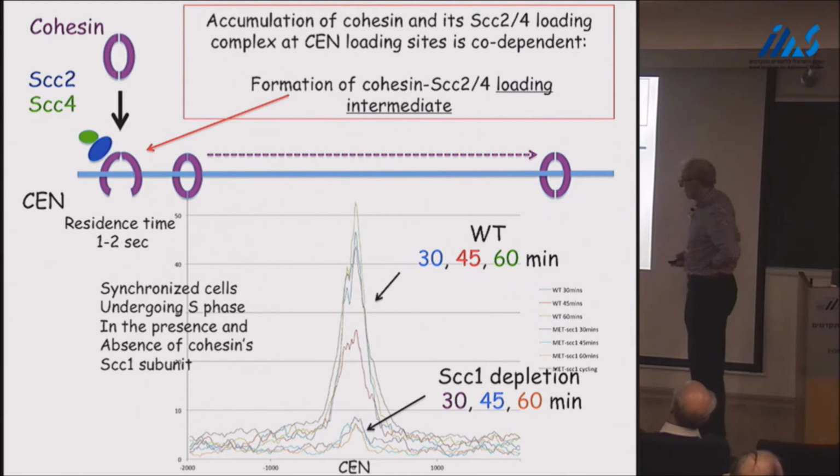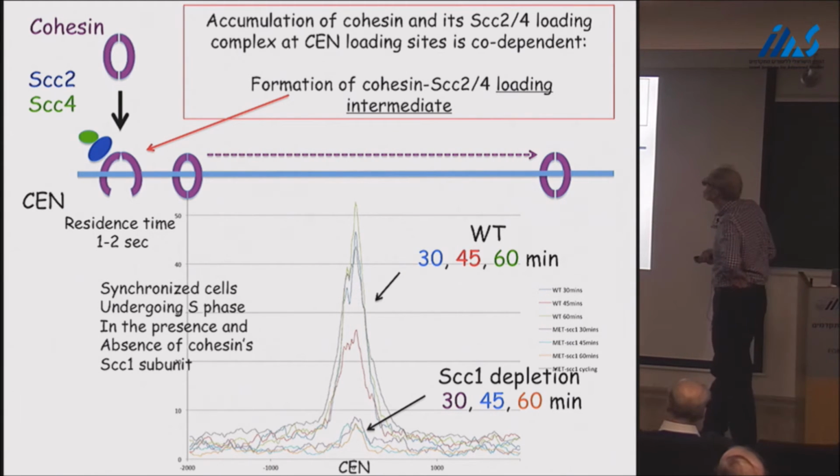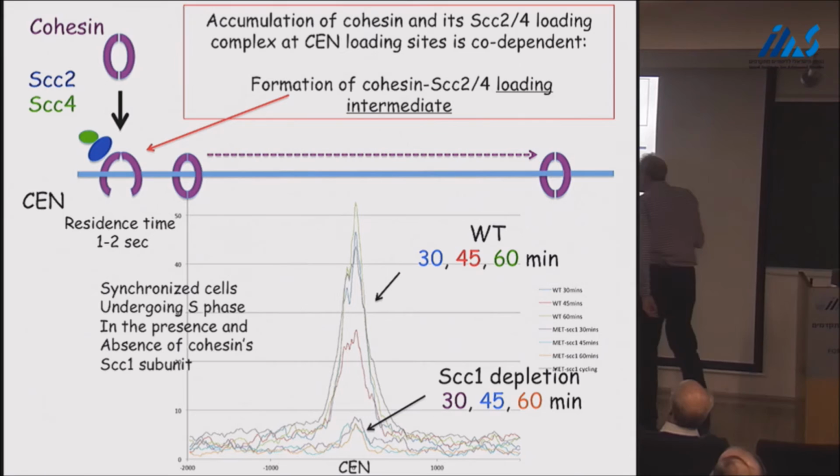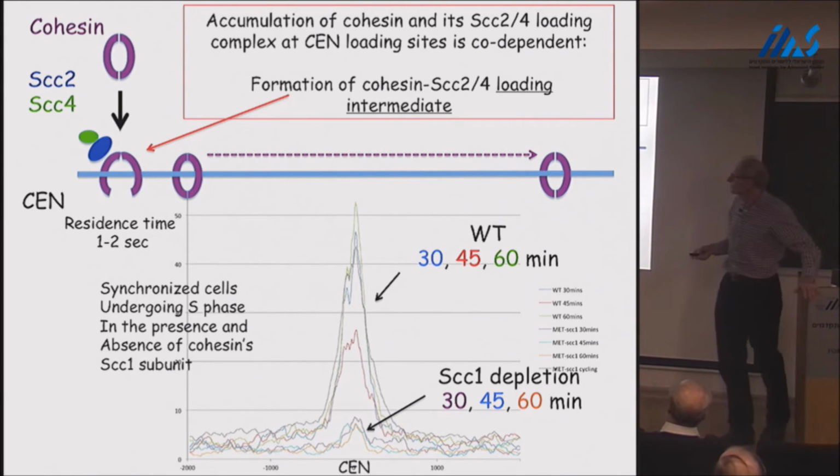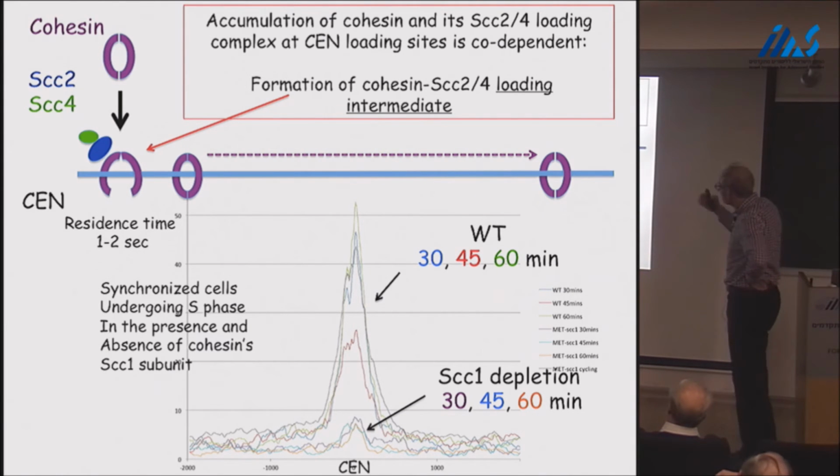So, interestingly, one of the questions you can ask is, we know that cohesin arriving at this site depends on the loading complex. Does the loading complex being present at this site depend on cohesin, the reciprocal? And Adele Marston has published some experiments showing this was the case, but we've gone back and revisited that using this calibrated ChIP-seq.